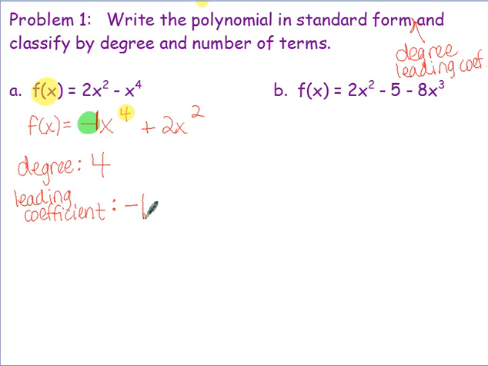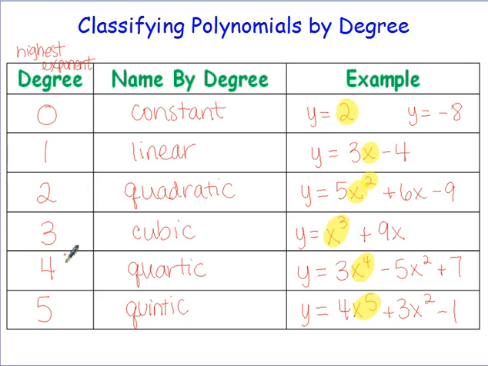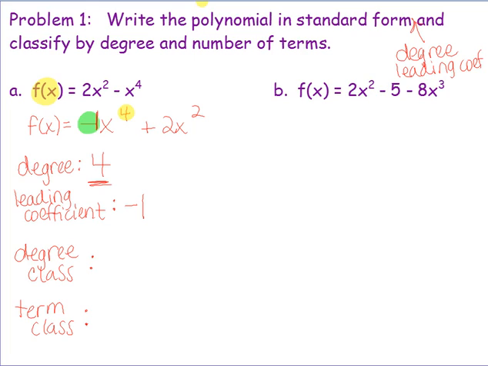Now we need to do some classifying. We need to classify based on the degree, so degree classification, and also by the number of terms, so term classification. For degree classification, we know the degree is already 4. So I'm going to come back here, go down here to 4, and the answer is quartic.